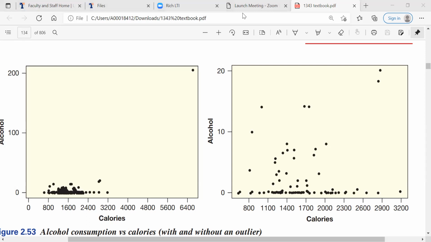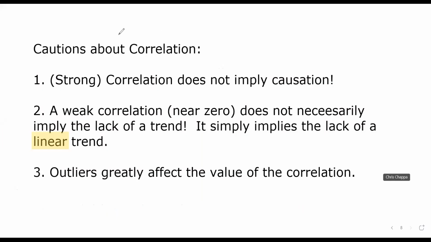By the way, in your book, these pictures are on page 125, the ones I'm showing you up here of the alcohol versus calories. But yeah, correlation is greatly affected by outliers. Usually it inflates the value because you have to zoom out really far, which makes the rest of the dots look closer than they actually are.